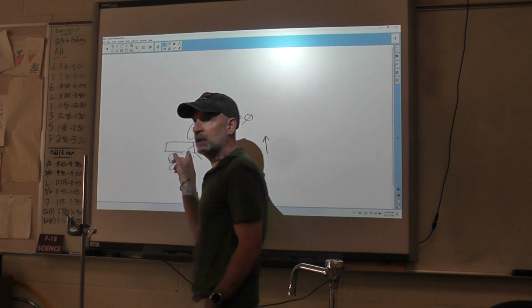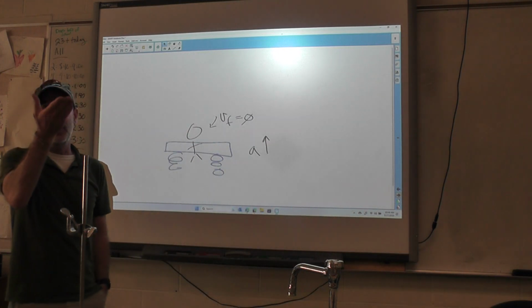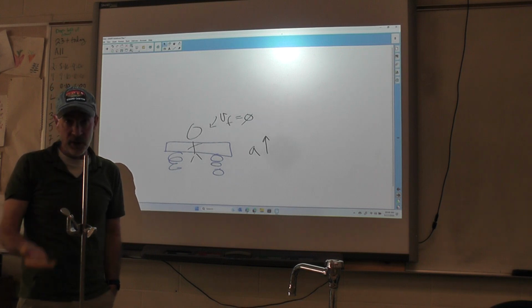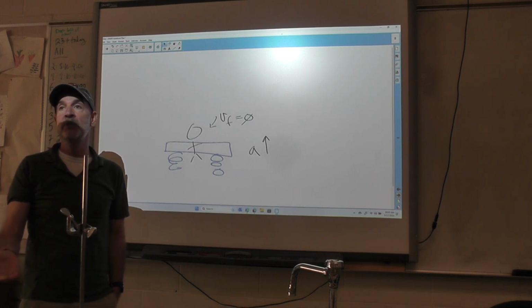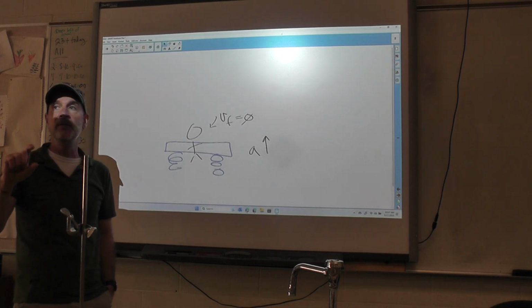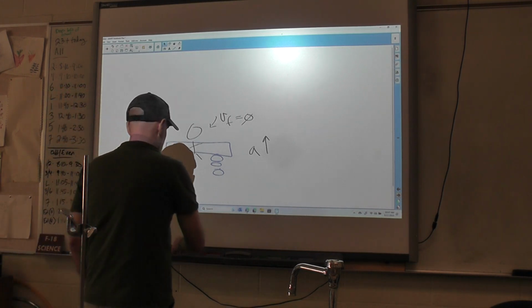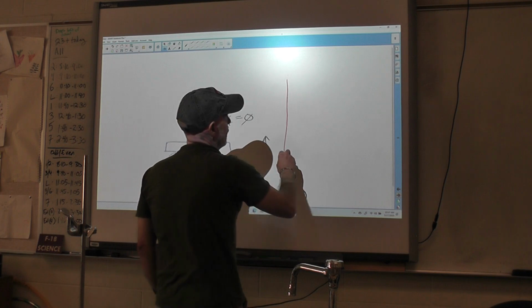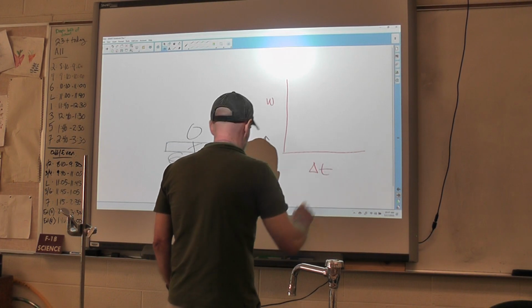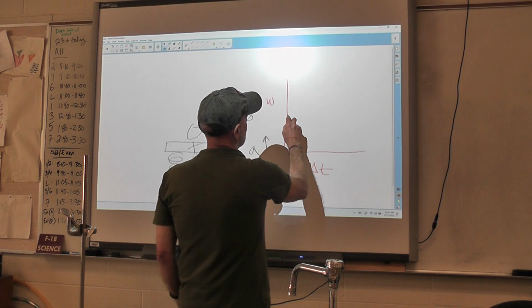What's happening here is that when you land on that spring and you squish it, the force from you on the spring is always the same as the force from the spring on you. But that force changes relative to your weight. If you were to look at your weight over time, what you would see is it looks like this.